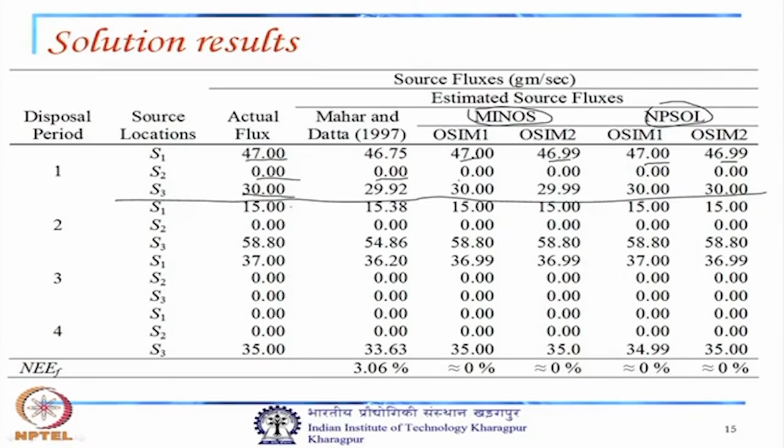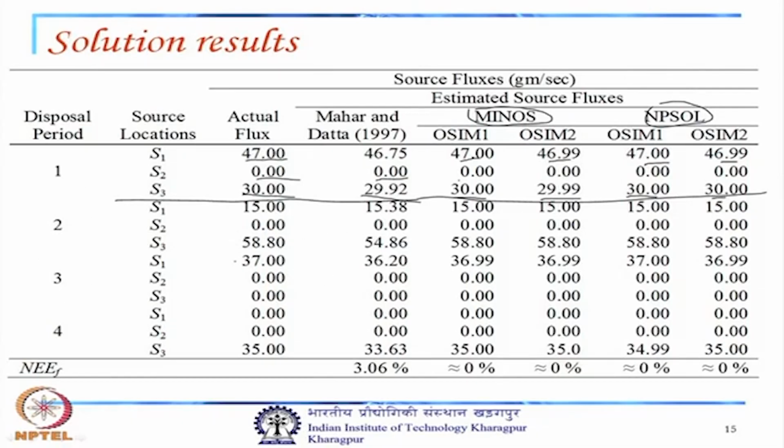This is 30, 30 is the strength, and in the case of Maharan Datta this was 29.92, this is 30, this is 29.99, this is 30 again, this is 30.